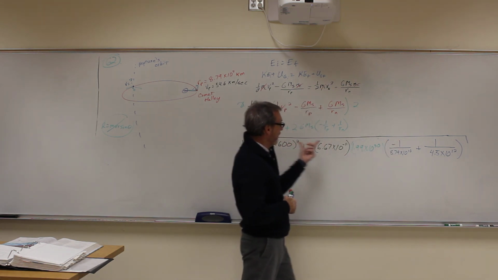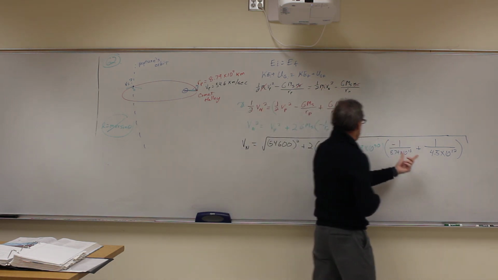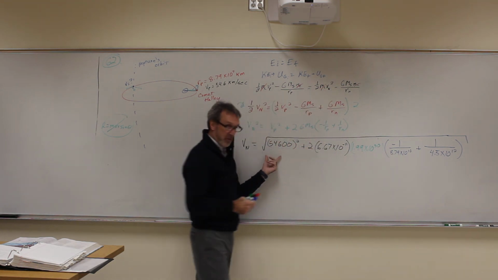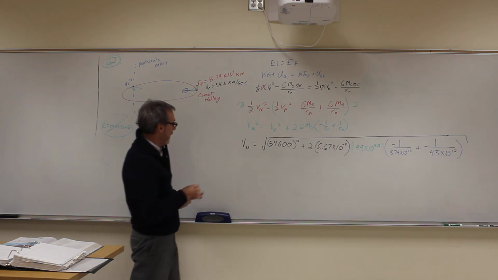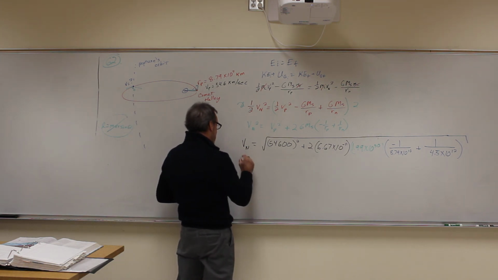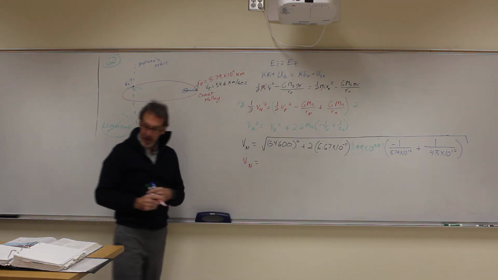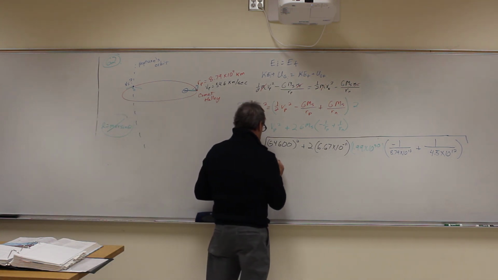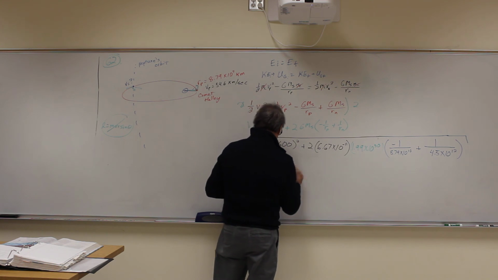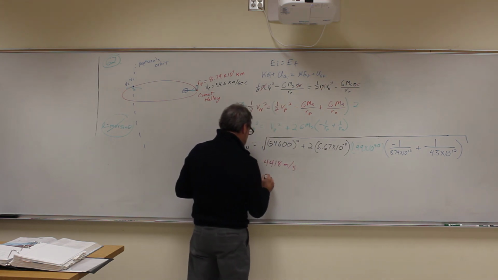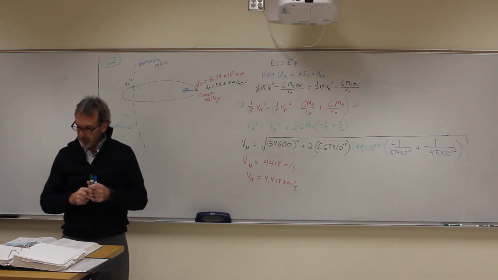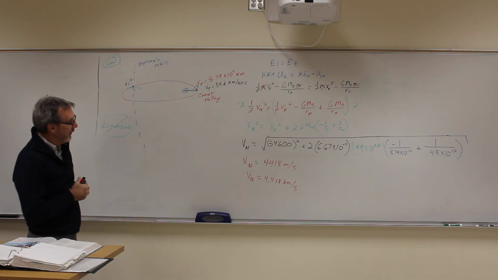You're not going to take a square root of a negative, because this whole term is going to be smaller than this term right here. And when you solve all that in your calculator, you get the velocity at Neptune's orbit is 4,418 meters per second, or 4.418 kilometers per second, which is a few extra significant figures, but that's okay.